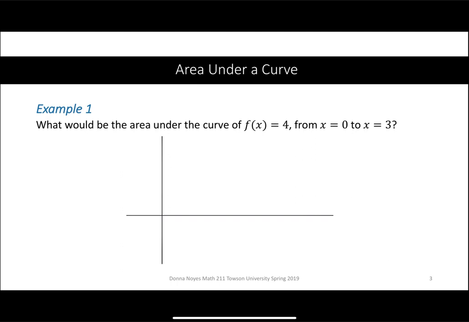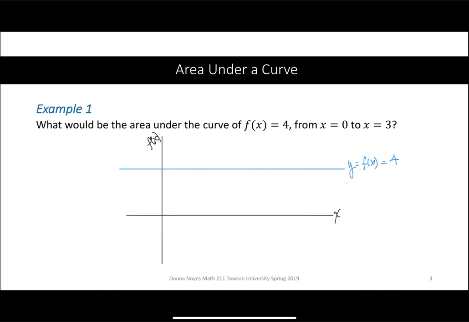And then it would also have to have this graph of f of x equals 4. Well, that's a horizontal line through y equal to 4, because remember this is y equals f of x. So here's our f of x axis, here's our x-axis. So our line here is y equals f of x, which is equal to 4.